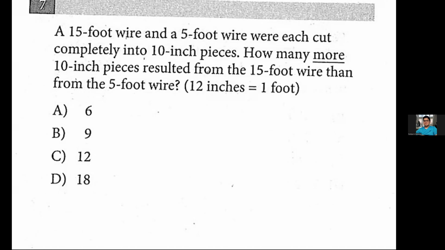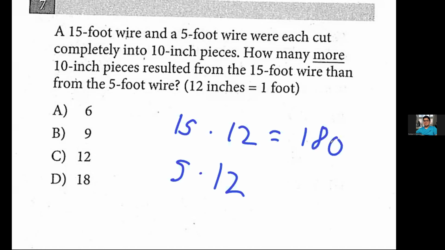How many more 10-inch pieces resulted from the 15-foot wire than the 5-foot wire? Well, first we just have to convert from feet to inches. So that'll just be 15 feet times 12 inches and 5 feet times 12 inches. You can plug this into your calculator. This would get us 180, and the other one would get us 60. And then they're cut into 10-inch pieces each. So we just remove the 0 and we get 18 minus 6, which is 12. So the correct answer is C.